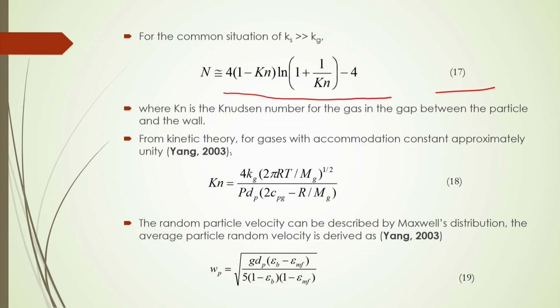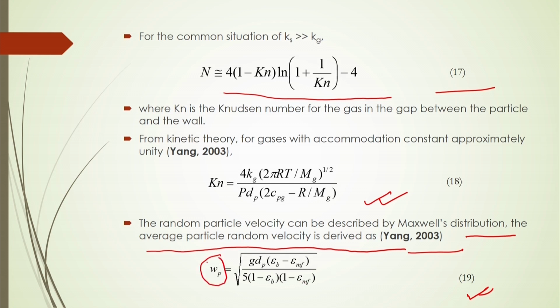And from the kinetic theory, for gases with accommodation constant approximately unity, the Knudsen number will be expressed by this equation number 18, and the random particle velocity can be described by Maxwell's distribution, and then the average particle random velocity will be derived by this equation 19 here as given by Young 2003.